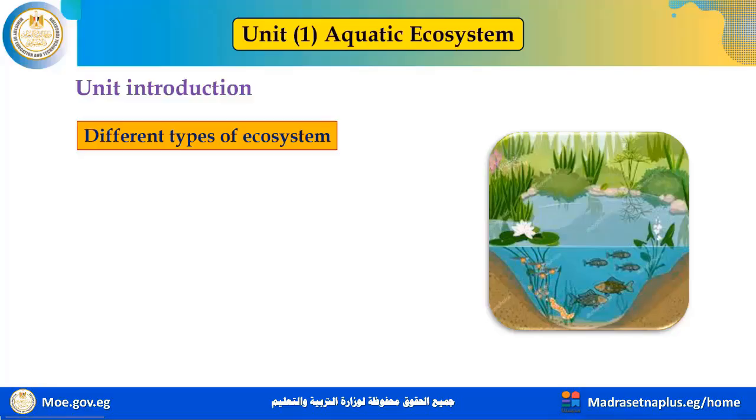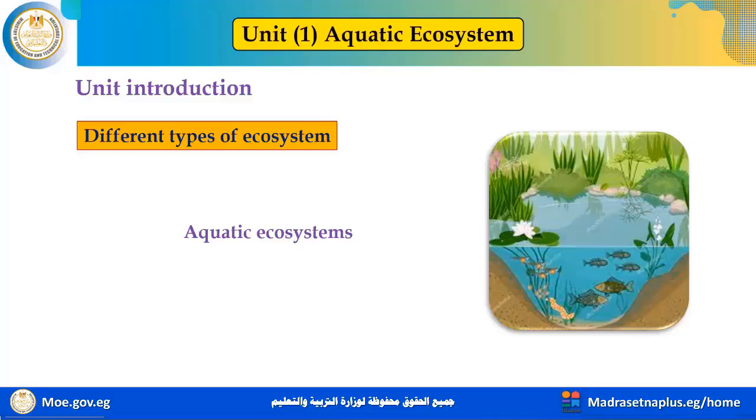And it contains fresh water and different creatures like fish, like shrimps, like aquatic plants, and sometimes aquatic birds, okay? And this ecosystem is called what? Yes, aquatic ecosystem. Aquatic here is related to the water.